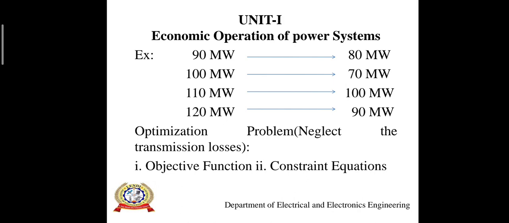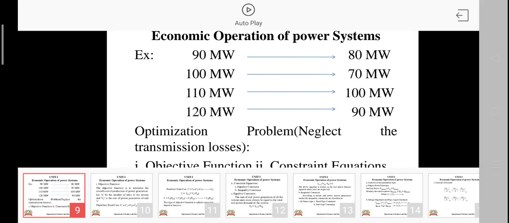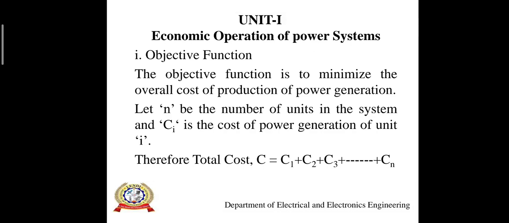So first we have to know what the objective function is, and then the constraint equations. The objective function is to minimize the overall cost of production of power generation to meet the required load demand.